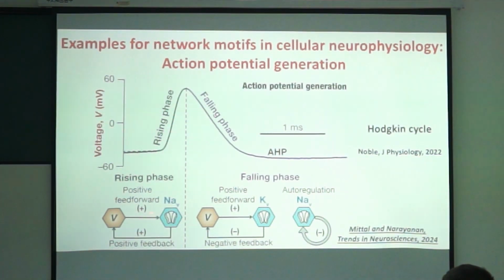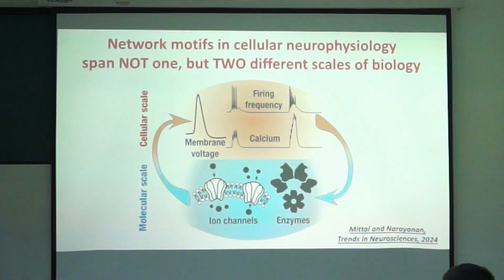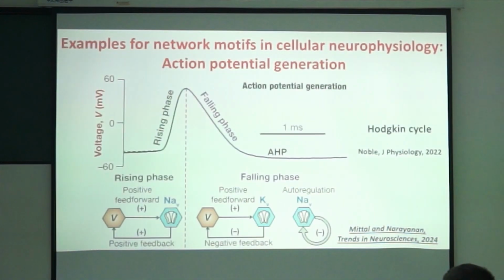So there is an interaction between two different motifs, and if you look at this, all the reds are going to be cellular, all the blues are going to be molecules. So the specific component that is implementing this is immaterial. All that you need is a positive feedback loop and a negative feedback loop. In the heart, for instance, the rising phase would be predominantly calcium, and there would be several potassium channels that mediate this.